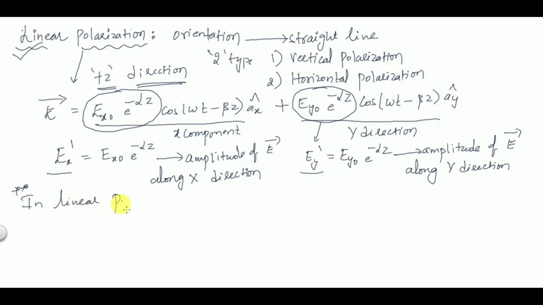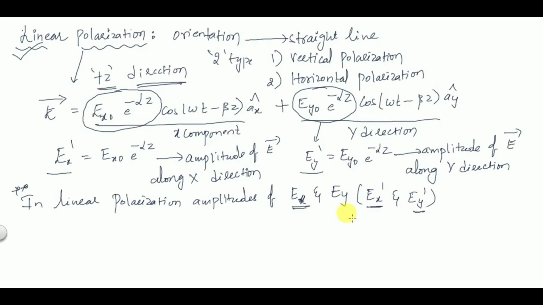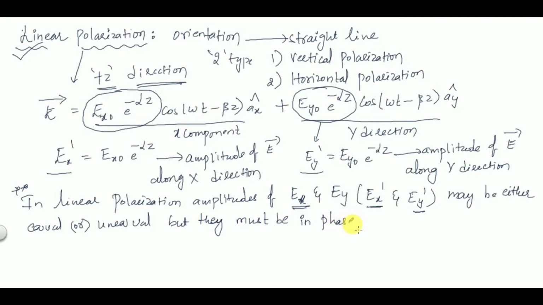In linear polarization, the amplitudes of Ex and Ey, that is the amplitudes of the electric field intensity along the x and y directions, where Ex dash is the amplitude along the x direction and Ey dash is the amplitude along the y direction, may either be equal or unequal, but they must be in phase. This is the condition for linear polarization.